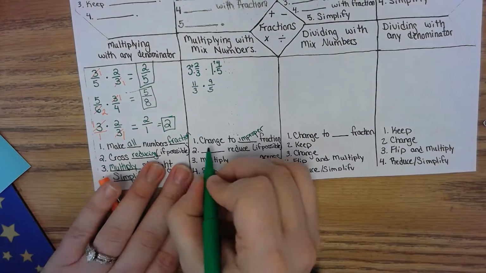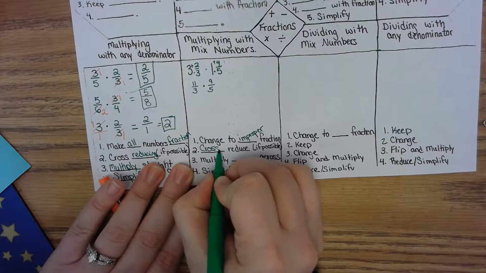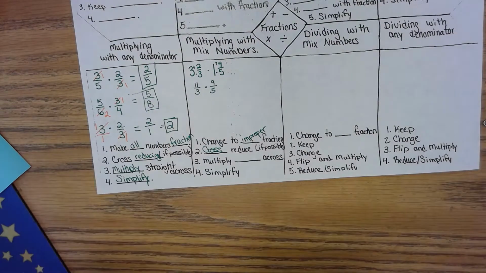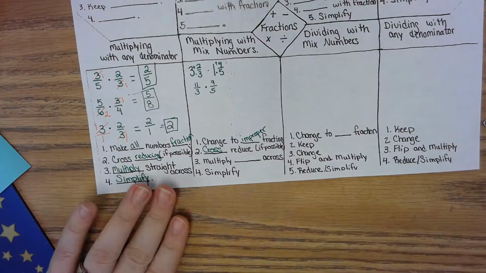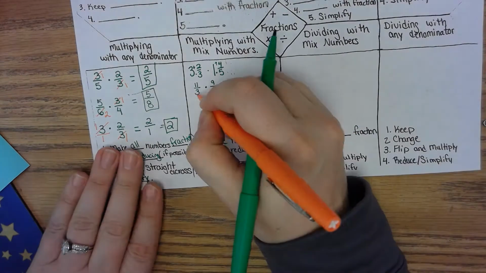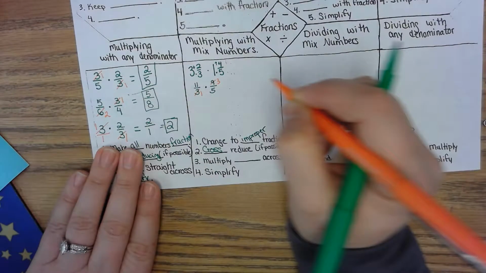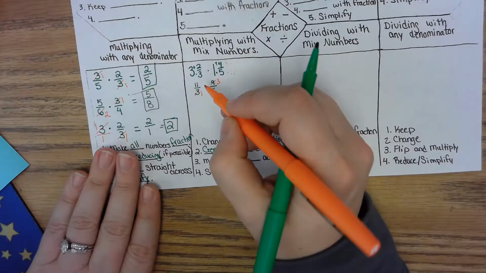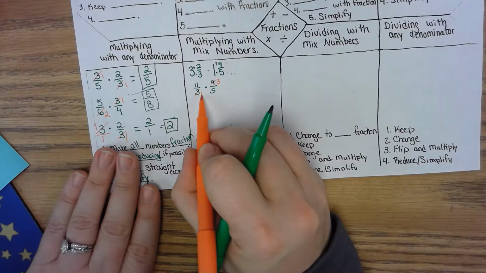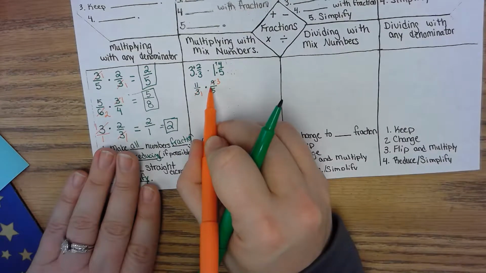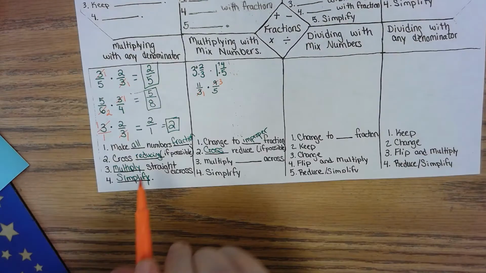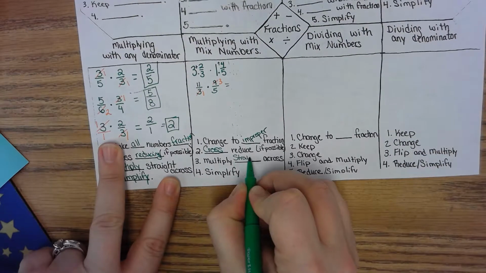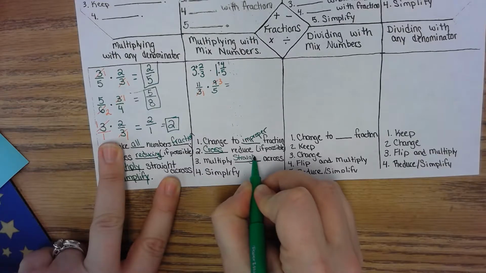So I'm going to now cross-reduce if I can. 5 and 11 are prime, so I cannot cross there. 3 and 9 I can because they go into each other. 3 and 9 are factors of each other. So 3 goes into 3 one time, 3 goes into 9 3 times. So I can cross-reduce. Now I'm going to multiply straight across and then simplify.